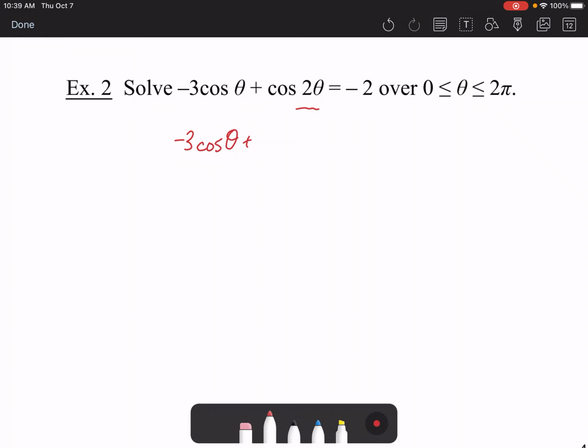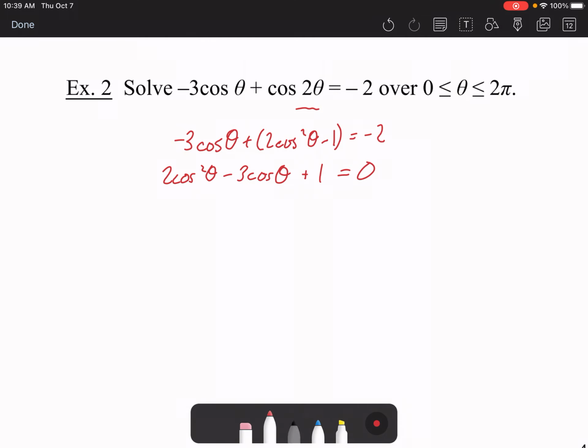I'm going to replace the cosine 2 theta by 2 cosine squared theta minus 1. I choose that one because that only is in terms of cosine. Now I'm going to rearrange this expression so it's more familiar for me. I usually write it in decreasing order of degree.